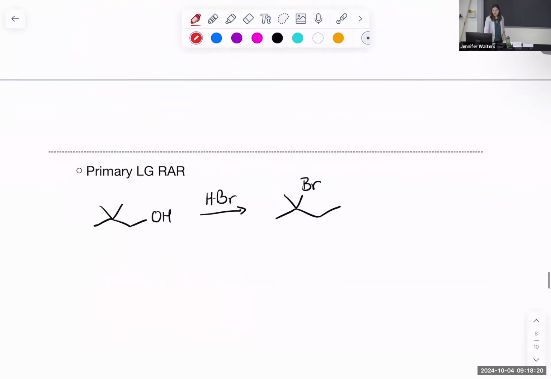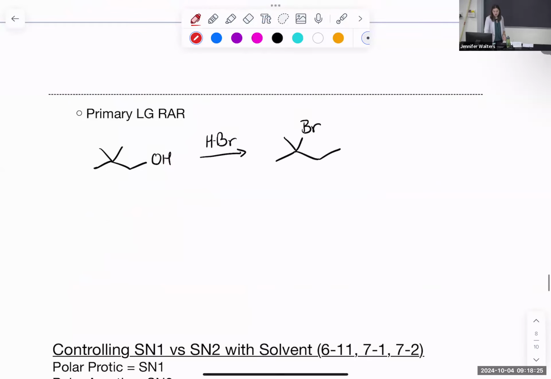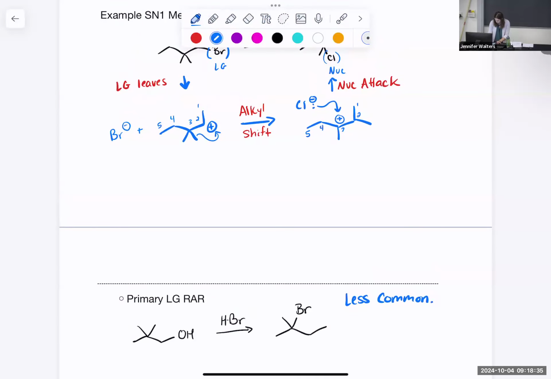So how it can happen with a primary leaving group. This is way less common. It's very less common.